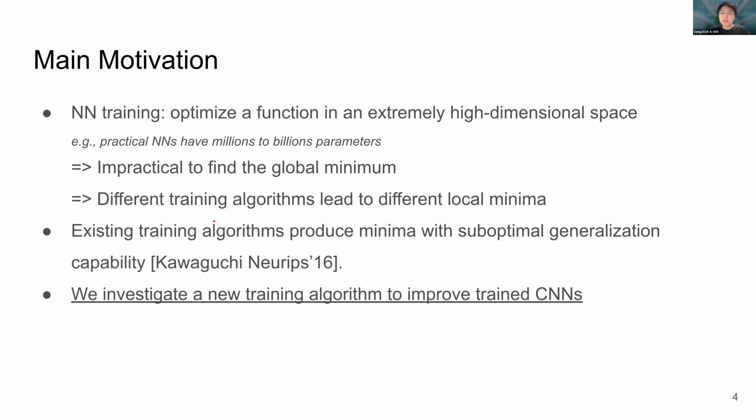The motivation of our research comes from the fact that existing training algorithms produce minima with suboptimal network generalization capabilities. In this research, we tackle this challenge by investigating new training algorithms which optimize the network to minima with higher generalization capabilities.